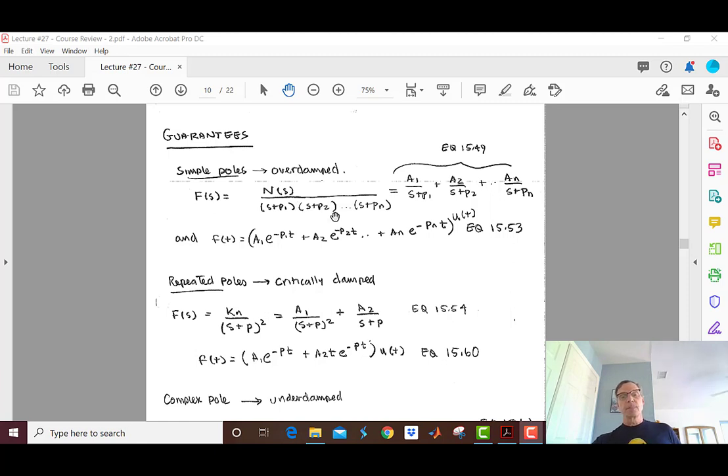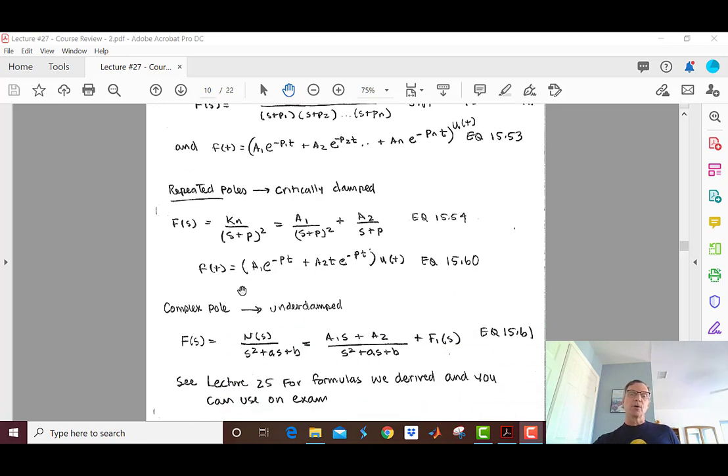And now we get our complex poles. And these correspond to an underdamped system. And so we recognize the complex pole condition by, we have some numerator here, divided by s squared plus as plus b.